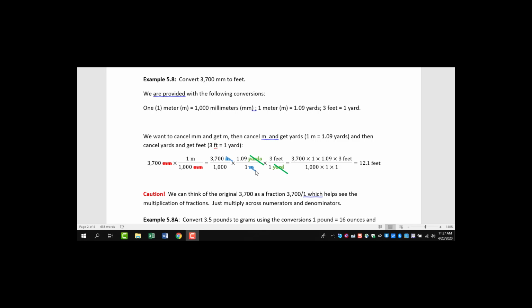The meters cancel, and we multiply the top units and the bottom units. What we have now is yards. And finally we put 3 feet over 1 yard and the yards cancel. Then we multiply all the numerators, multiply all the denominators, and then divide. So 3,700 millimeters is 12.1 feet.